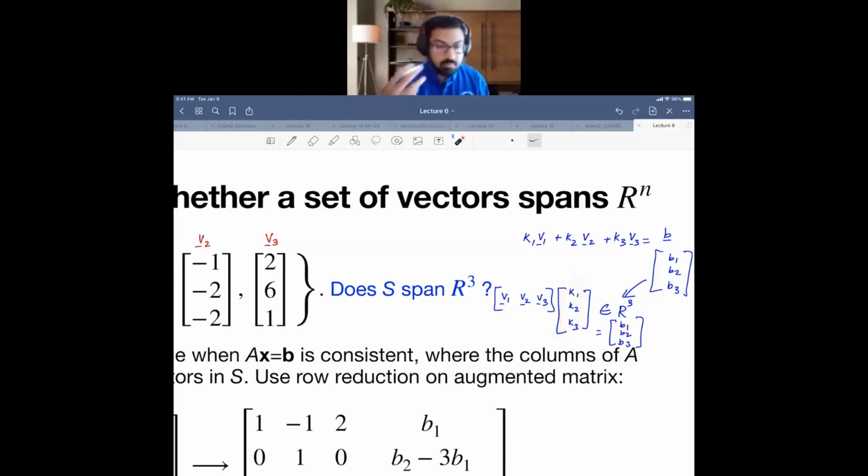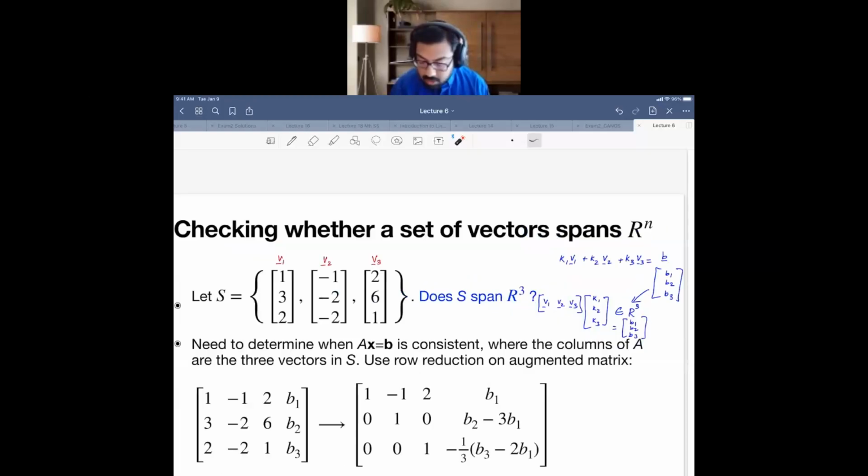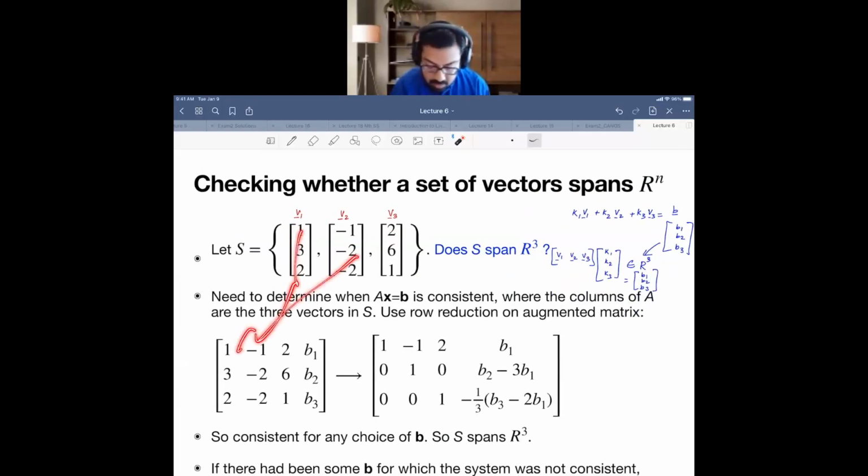So we are trying to formulate the augmented matrix and then go for row reduction. So the augmented matrix will have all these 3 columns, 1 here, 2 here, 3 here. And then we'll pad it with the right side coefficients, B1, B2, B3. Now if you carry out the row reduction, this will be your echelon form, a row reduced form.